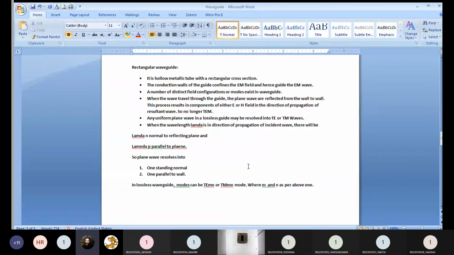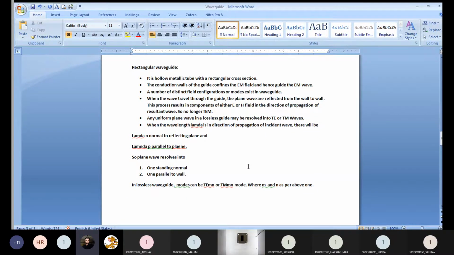As I mentioned earlier also, there are mainly two very common types of cross section, either rectangular or circular, that can be used to construct the waveguide. A rectangular waveguide, based on its cross section, is a hollow metallic tube with a rectangular cross section.